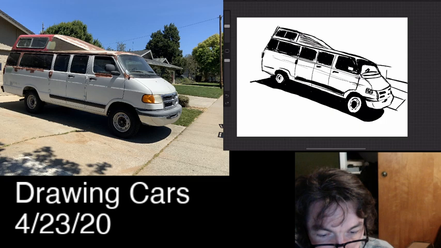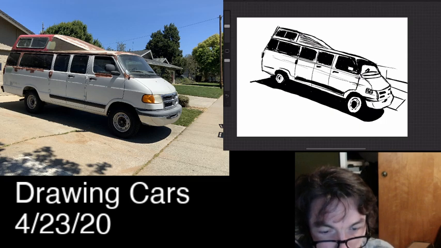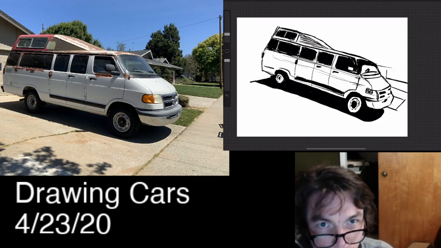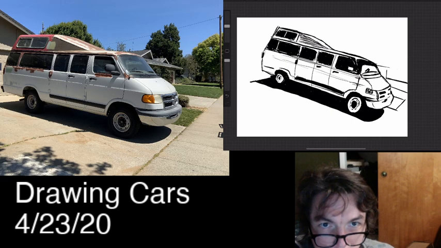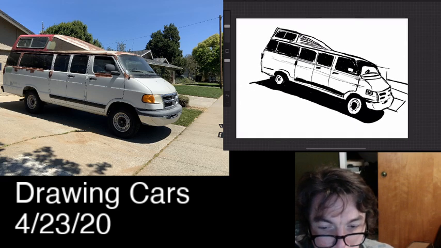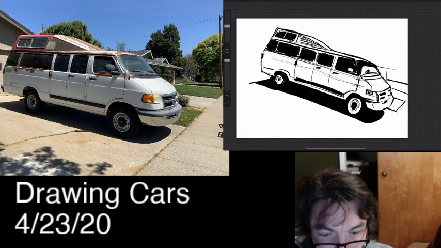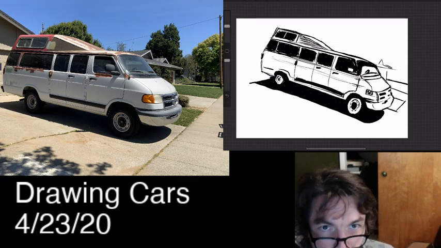Oops. Coming down. This will just give it a little bit of context. Just so you know that it's on a driveway. It's actually a little bit too steep. So you know it's on a driveway and not just sitting there on the ground.